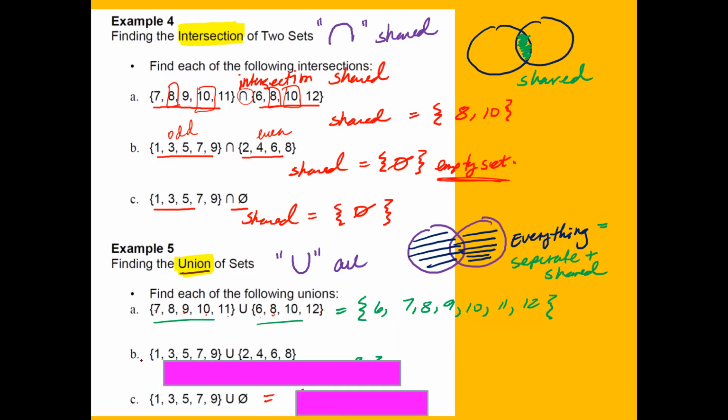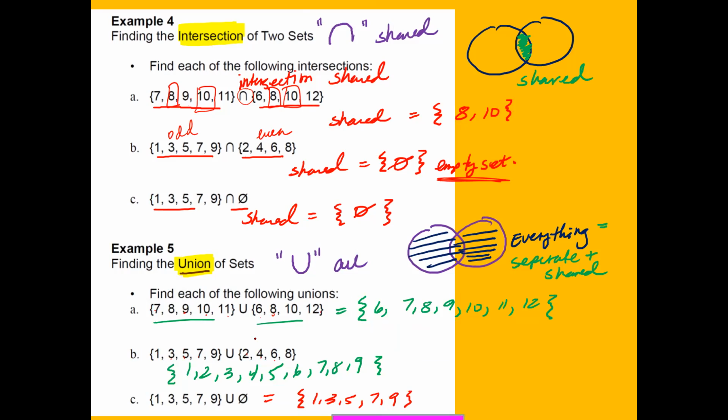For B, you're going to have 1, 2, 3, 4, 5, 6, 7, 8, 9. And again, you include everything in the first set and the second set. For C, the second set is an empty set, so you're just going to include everything in the first set, 1, 3, 5, 7, 9. And that is your answer.